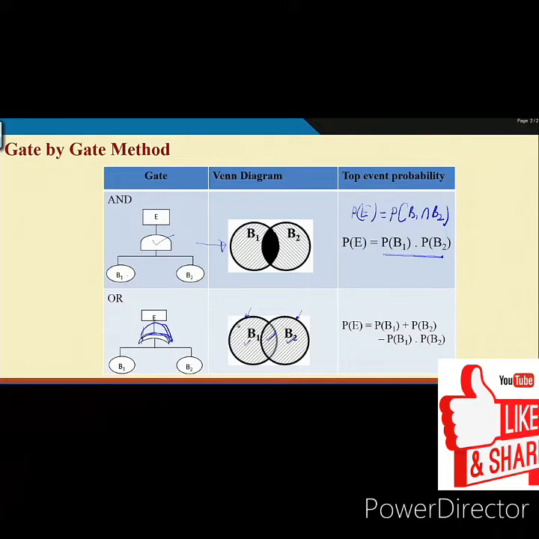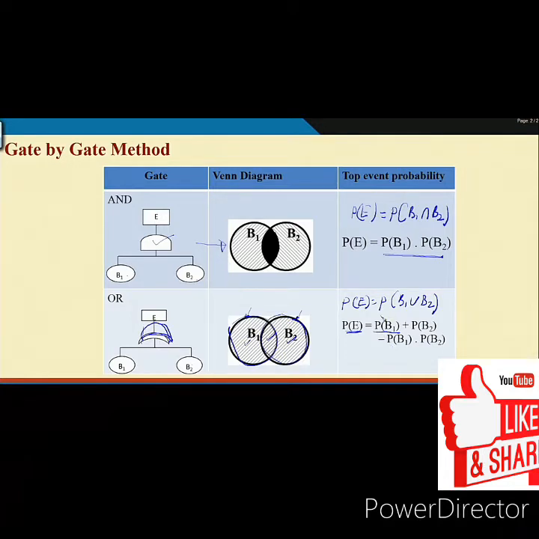So, then what is P(B1)? P(B1) is the first circle. So, probability of E equals probability of B1 union B2. This union means the total. Here what happened: probability of B1 is this portion, and probability of B2 is again this portion.